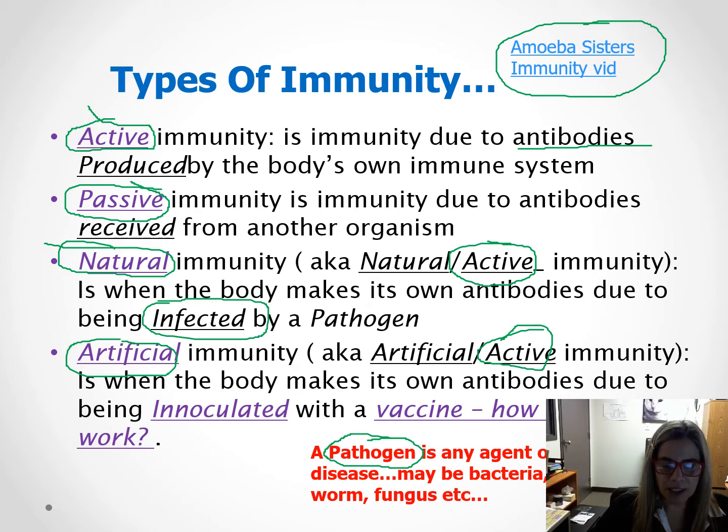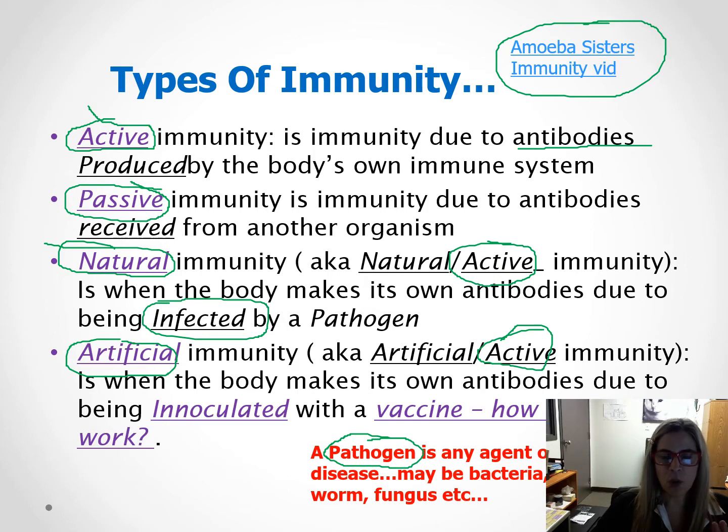So typically speaking, when someone is vaccinated, the virus, in the case of COVID or whatever, is not live, and it depends which type of COVID vaccine you got, because of course there's the mRNA ones, etc. But when we're talking about the traditional vaccines, okay, so vaccines that you would get for chicken pox and mumps and measles and those kinds of things, the pathogen is not actually live.